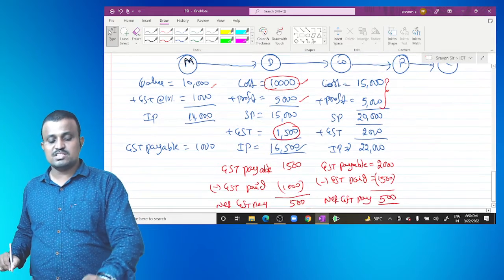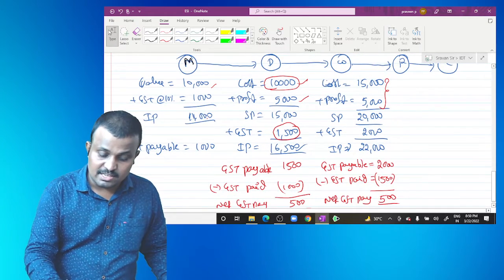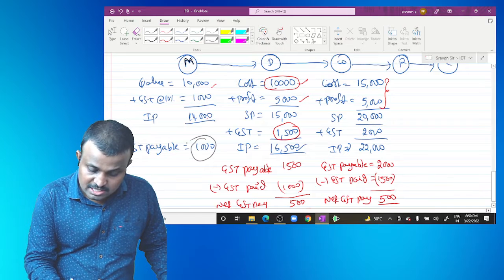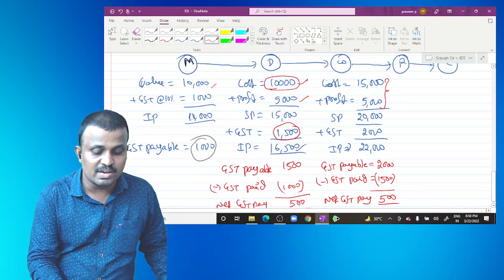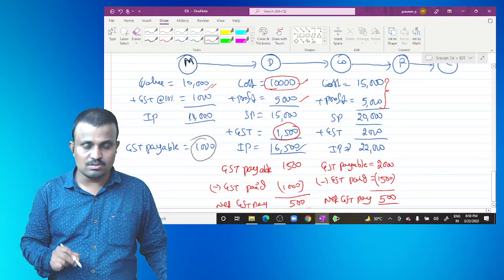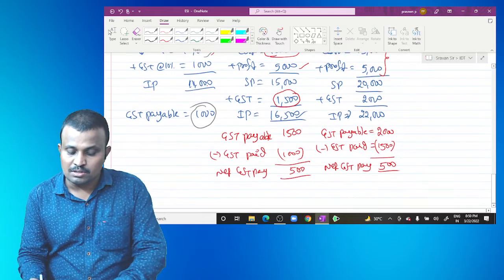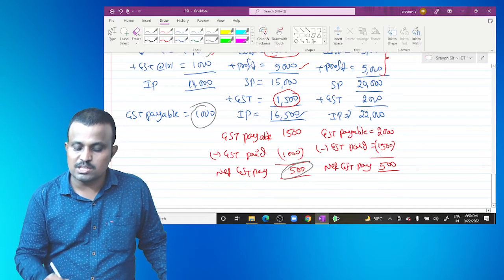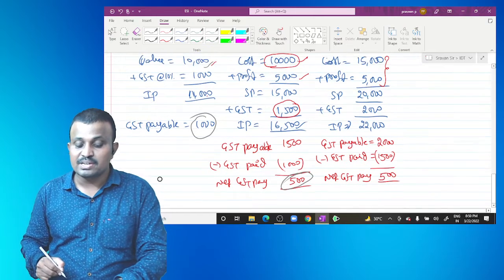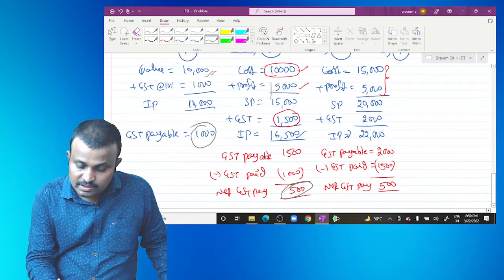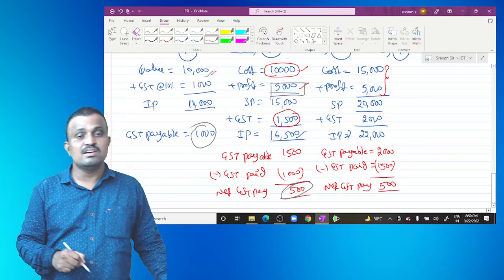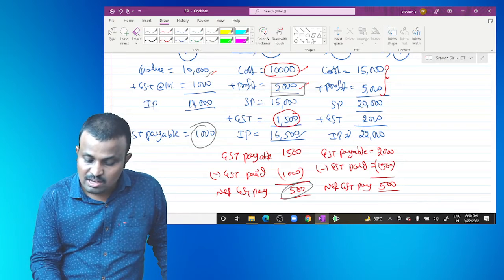So if you observe this, in the first scenario GST is paid on the cost of 10,000. In the second scenario, the net amount paid to the government is only 500, nothing but 10% on the profit.